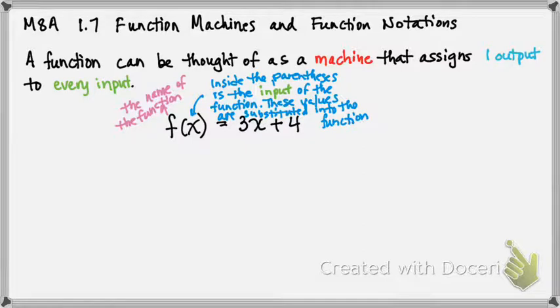Okay? So then when you look at these two pieces together, the f of x, that's actually the answer. So f of x is the output of the function f.